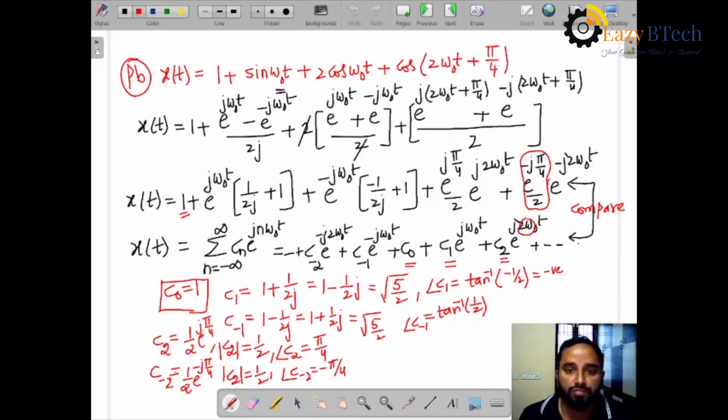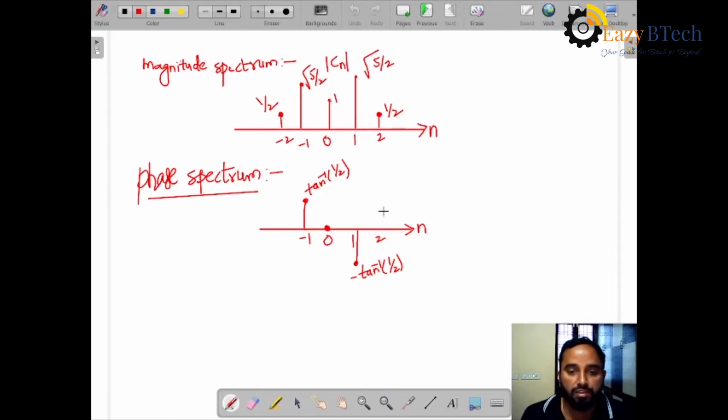C minus 2 phase is minus pi by 4. That we are going to indicate: pi by 4 here, and C minus 2 phase is minus pi by 4. So this is the magnitude plot and phase plot.